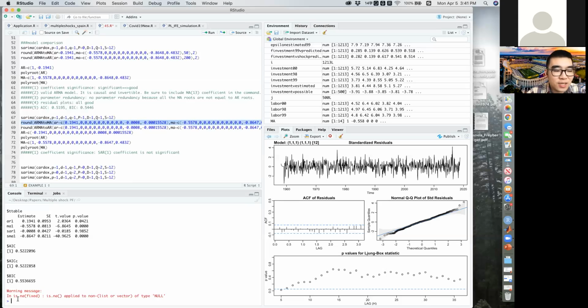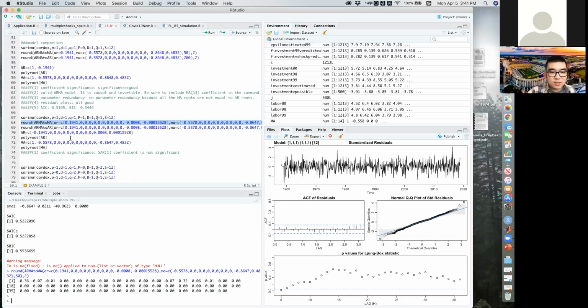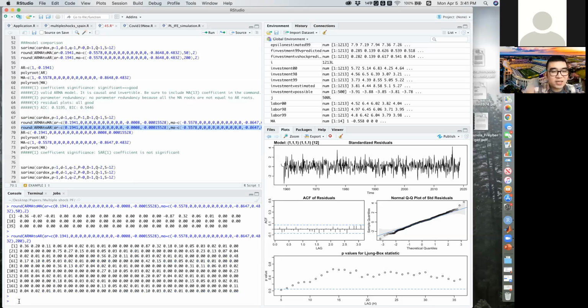All right, so let's run this code. It seems that this can be written as a valid MA infinity model. And can it be written as a valid AR infinity model? It seems it is, yes.